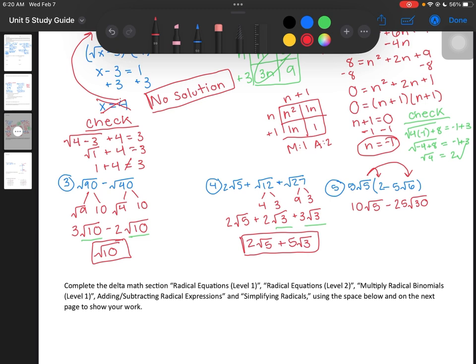We know we can't simplify the 5 at all. But let's see if there are two numbers that multiply to 30 where one of them is a perfect square. So I'm going to try 4. So 30 divided by 4 doesn't work. 30 divided by 9 doesn't work. 30 divided by 16 doesn't work.